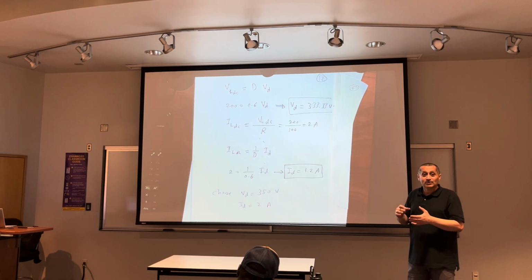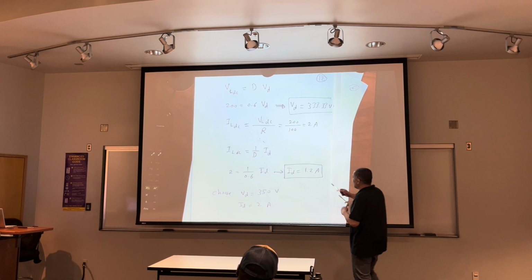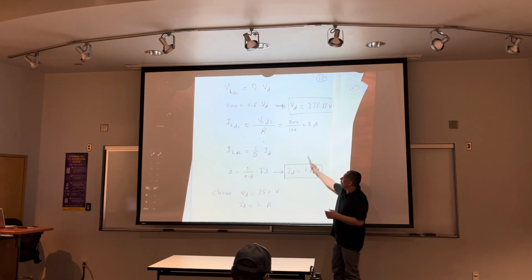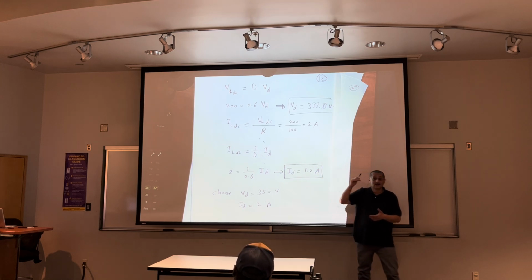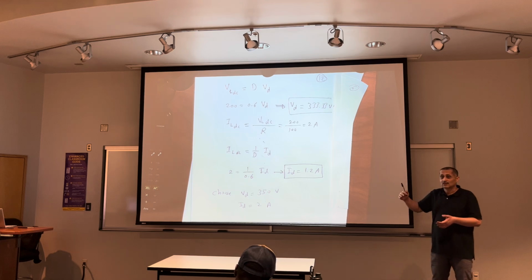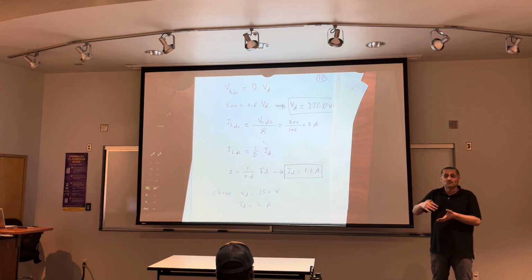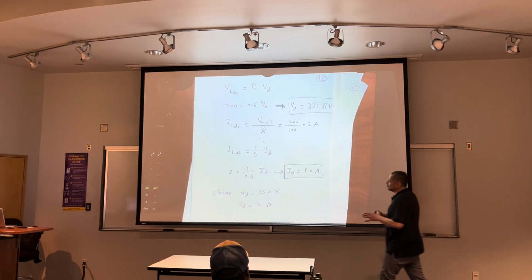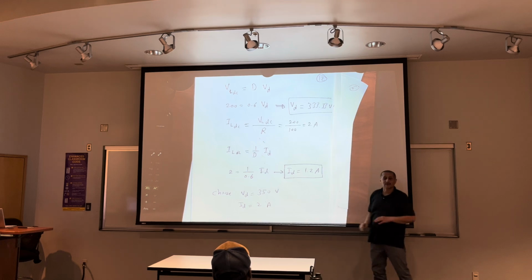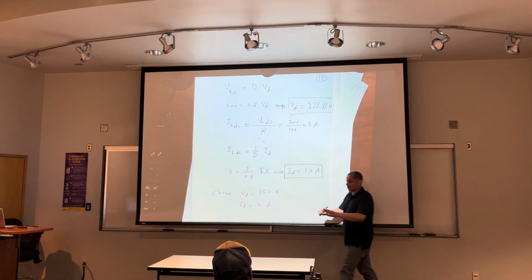Why? Because if you select ID less than 1.2 or VD less than 333.33, maybe the load needs more power. So use VD and ID more than the calculated value because you are the designer.